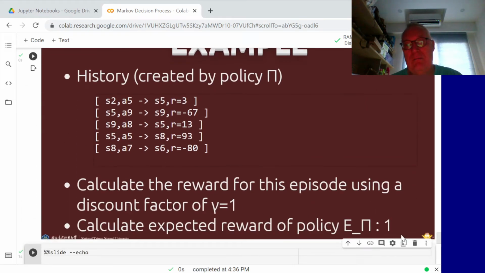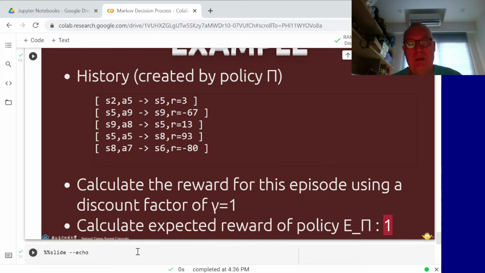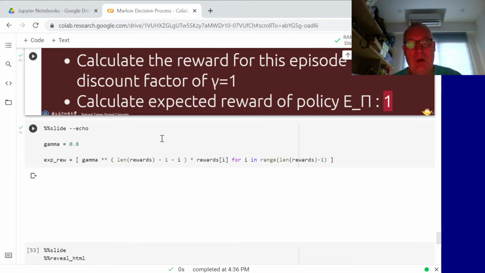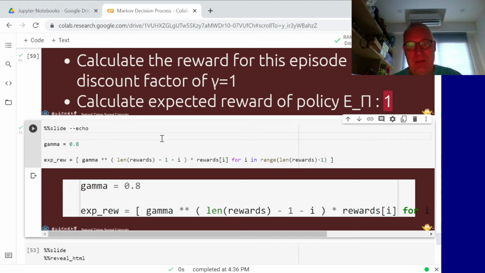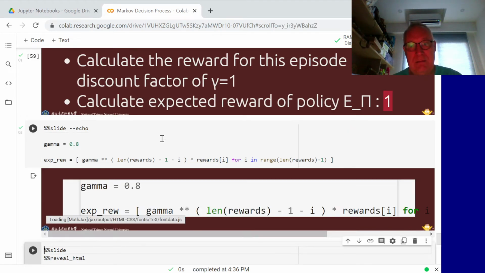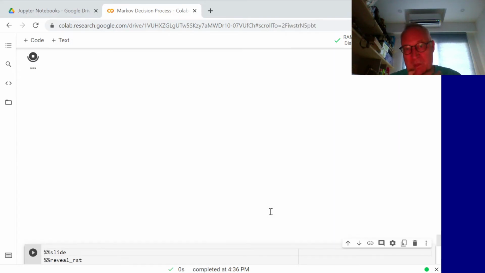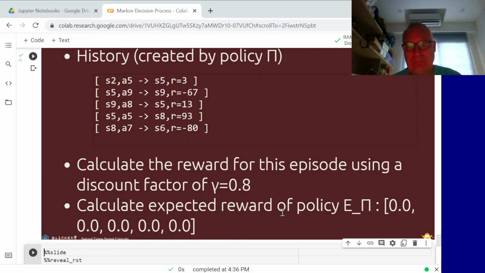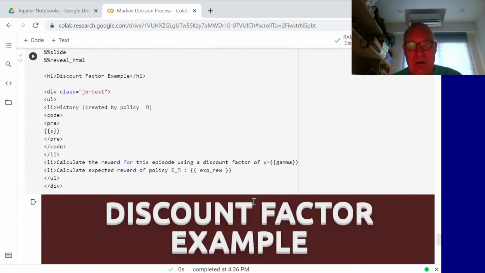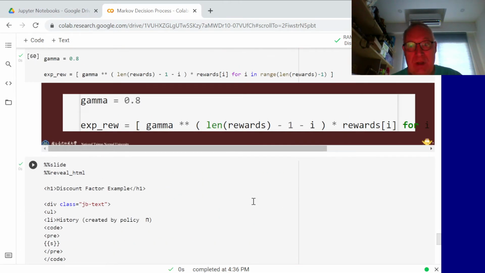So the discounted reward in that case is 1. If I have gamma is 0.8, then what is the expected reward?